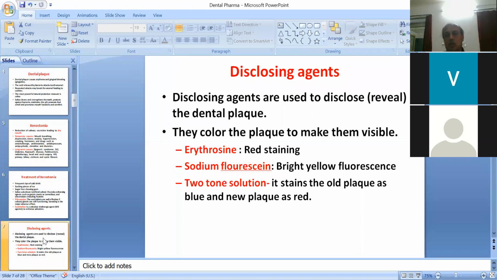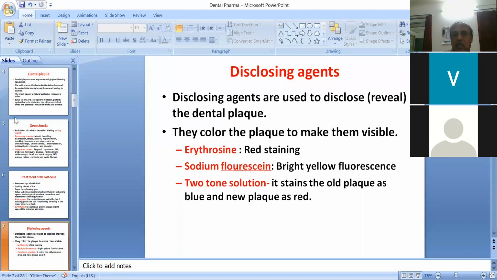Disclosing agents are used to disclose or to reveal the dental plaque. How to diagnose them, how to reveal them, how to disclose that there is a plaque. So they are used for this purpose. The basic function they are performing is that they color the plaque and then the plaque becomes visible to us.